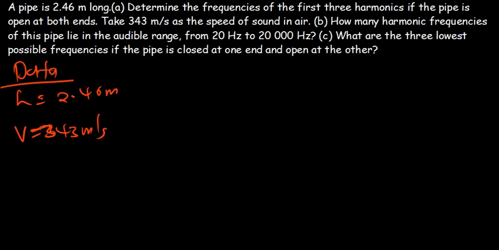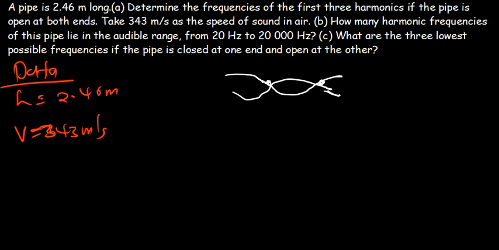We have been told that we need to find the first 3 harmonics if the pipe is open at both ends. If the pipe is open at both ends, and we're talking about 3 harmonics, meaning we're going to have this. I'll have 1, 2, so I'll have this like that. So it is open at both ends.